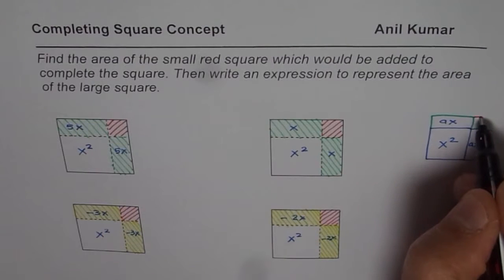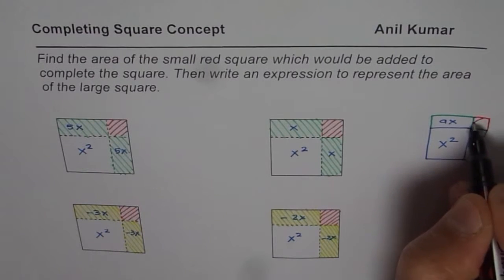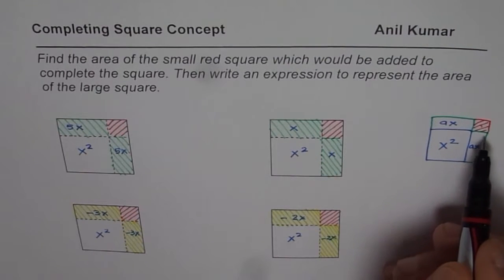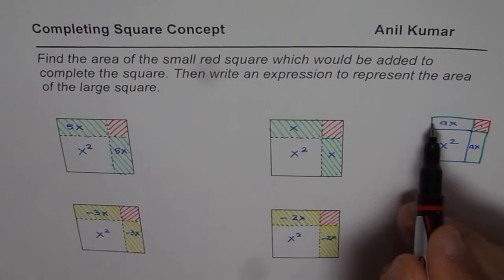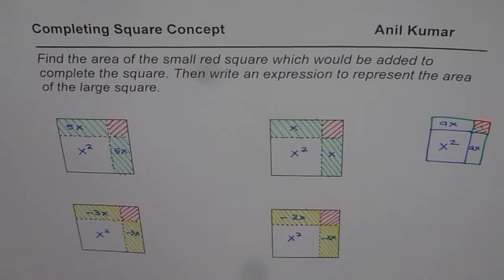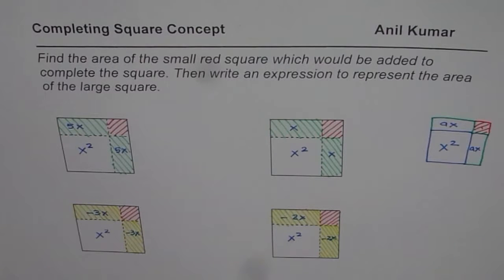I need to fill up this square, right? So this much. So I need to find the area of that square which will complete this whole square. That is the concept. What is going to be that area, right? So that is the question for you. You can pause the video, answer the question, and then look into my suggestion.